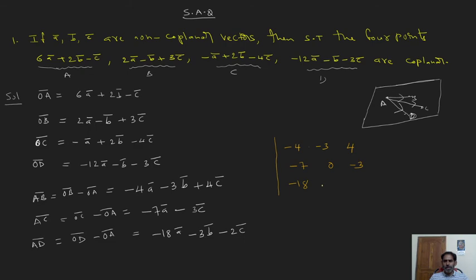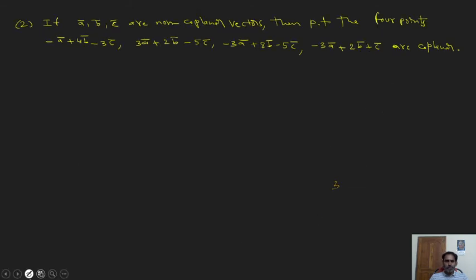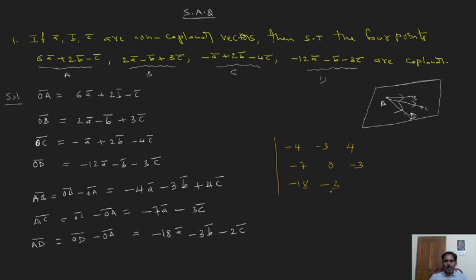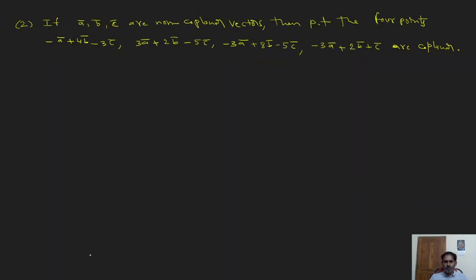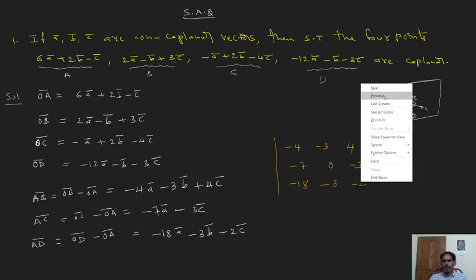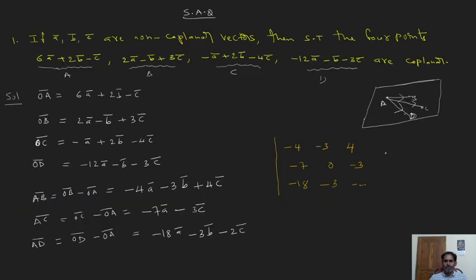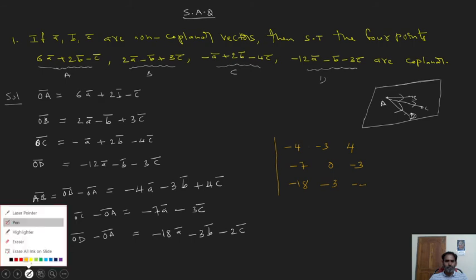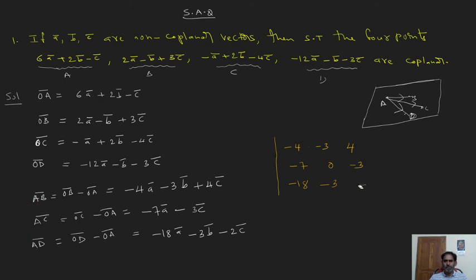Next row: minus 18, minus 3, minus 2. We have to find the determinant of this expression.